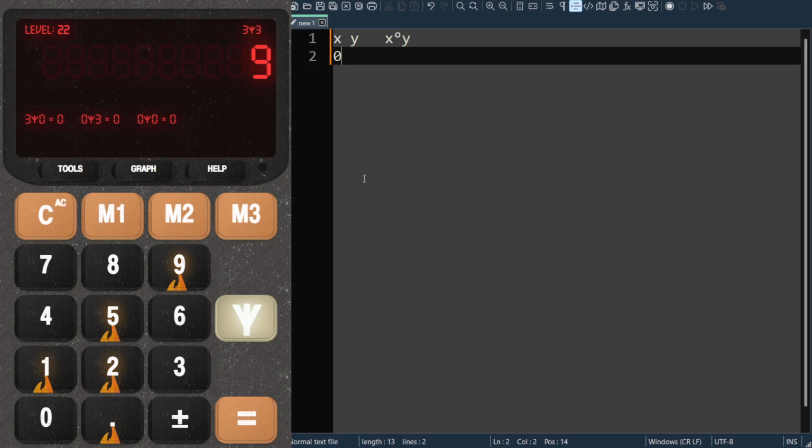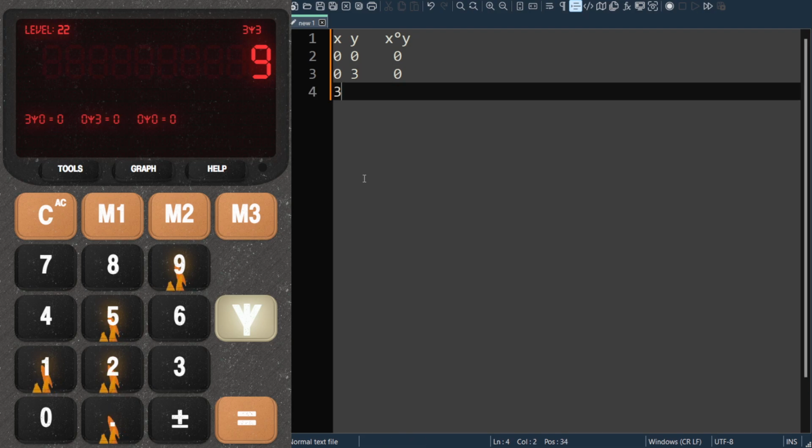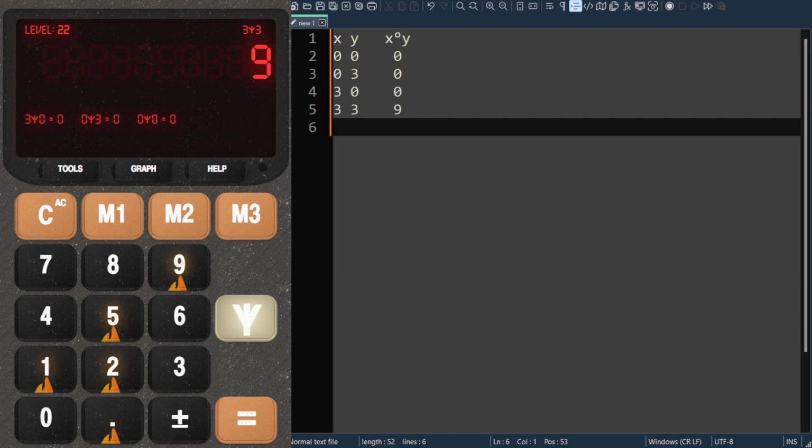So we have x, y. For 0, 0, x psi y was 0. For 0, 3, we still had a 0 as an output. For 3, 0, we had a 0 as an output, and for 3, 3, we had a 9 as an output. So right now we are assuming that we can just have a basic multiplication.